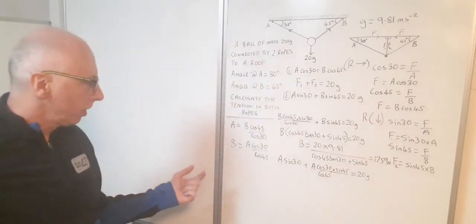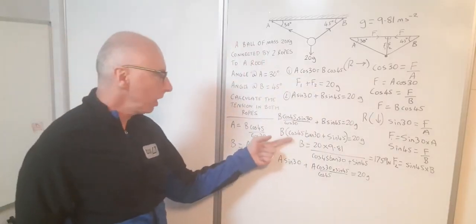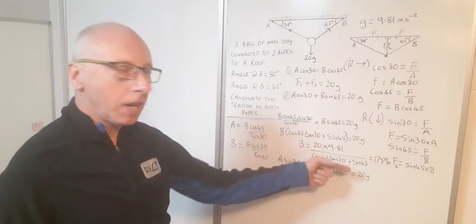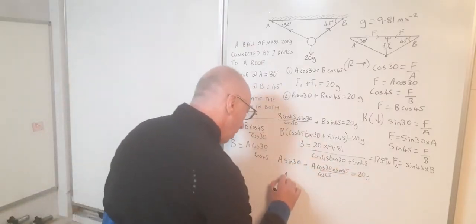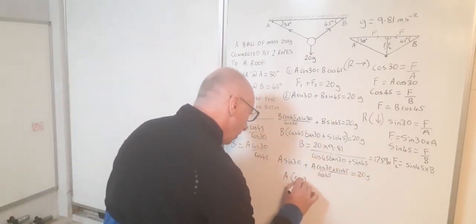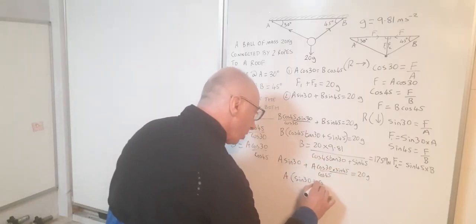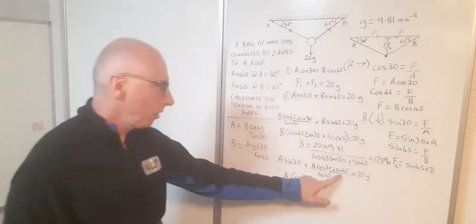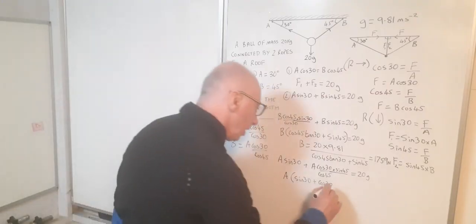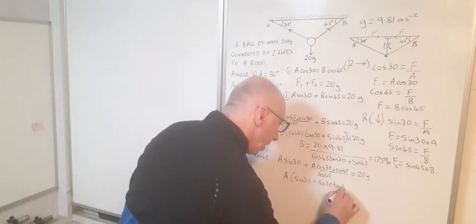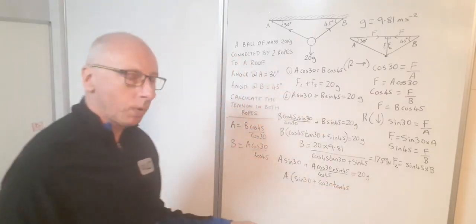It's looking good now. So now we do the same as we did here, isolate the A and then divide both sides. So then we'll come to A sine 30 plus cosine 30, and again we've got the tangent arriving here. You should always have a tangent in this, so if you haven't, you've probably gone wrong somewhere.